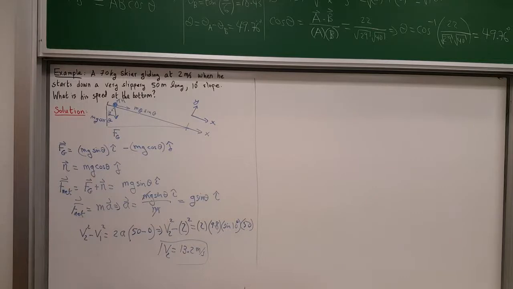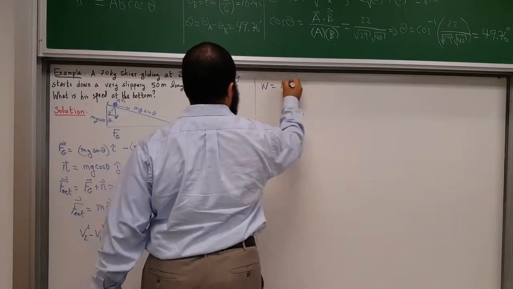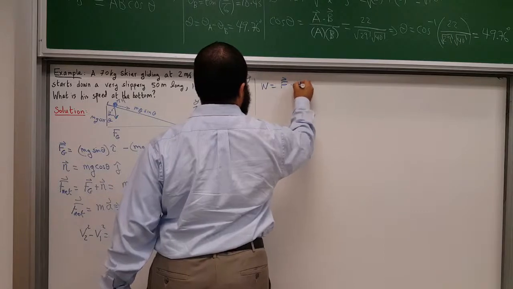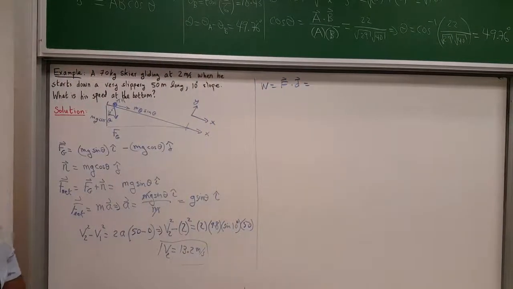Now, I want to do the same thing but using work. I'm going to calculate work in two different ways. First, the work done is the force times the displacement.